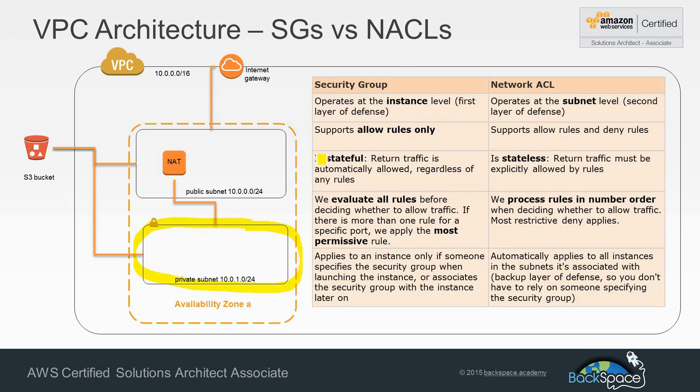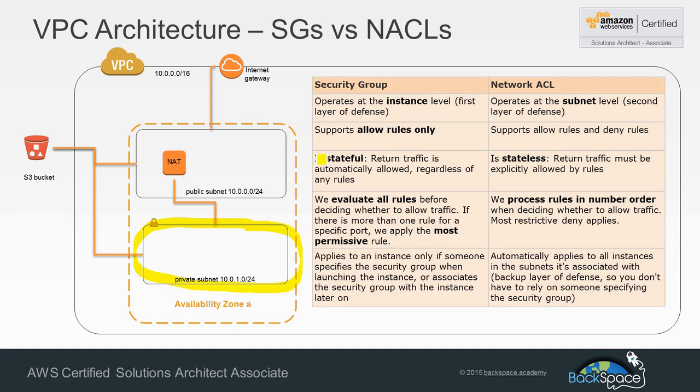In contrast, we have a network ACL that is stateless, okay? So return traffic must be explicitly allowed by the rules. It doesn't just automatically allow return traffic. So you need to have both inbound and outbound rules to allow that return traffic. In a security group, we evaluate all rules before deciding whether to allow that traffic.